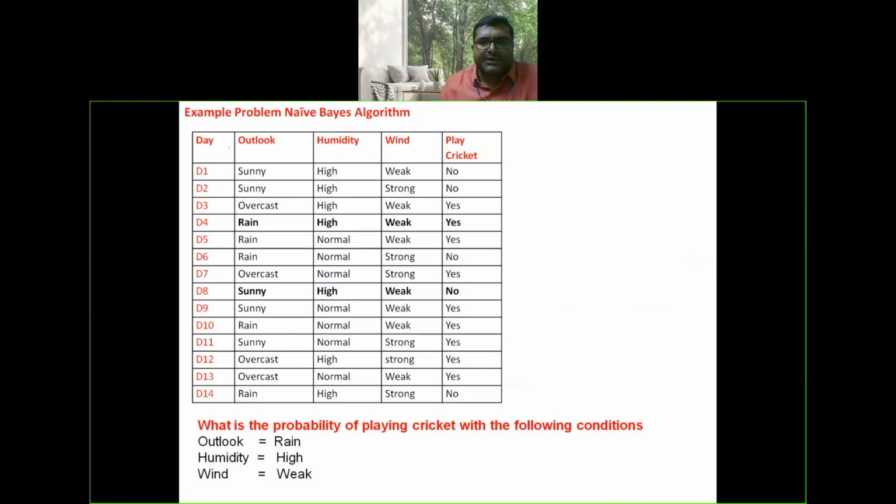Based on the data given in the table, we have to calculate the probability of playing cricket under the following conditions. For n number of conditions, the model is trained with the above data. Then we calculate the probability of playing cricket for the given conditions. This can be done with the help of the Naive Bayes algorithm.